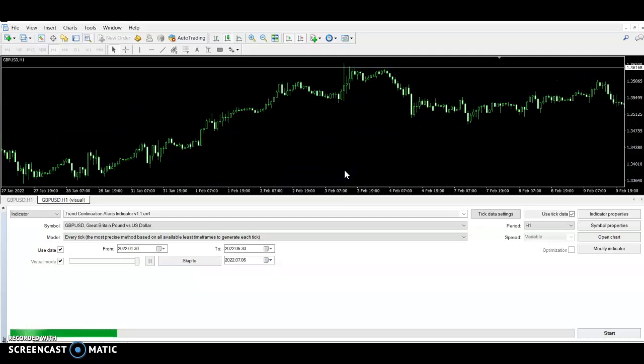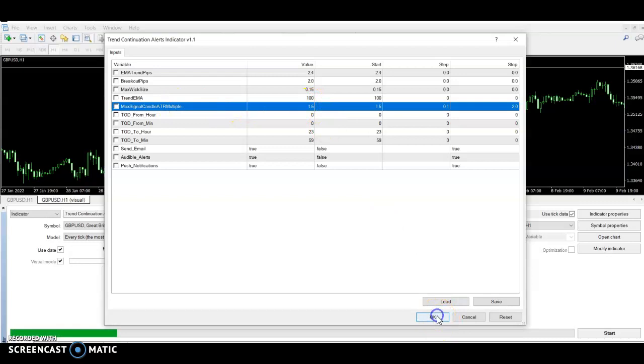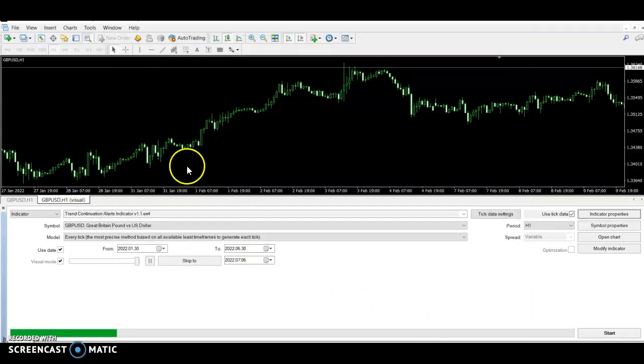Oh, there is nothing. Actually, I knew that, and that's because of this. This means that the signal candle can only be 1.5 times the size of the previous candles.